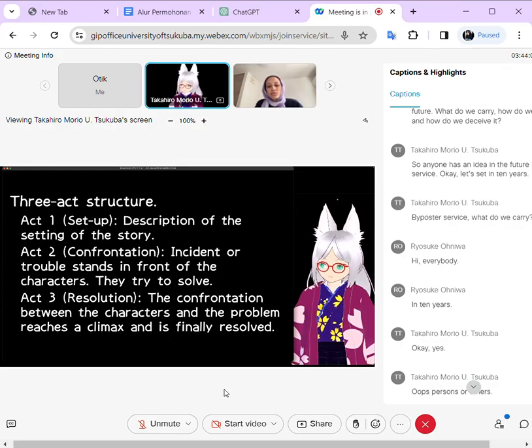And Act 3, resolution. The confrontation between the characters, the problem reaches a climax. Many times the protagonist is defeated by the antagonist. And then, by the help of the supporter, the protagonist grows. And then the final fight with the antagonist or final trial of some challenges.